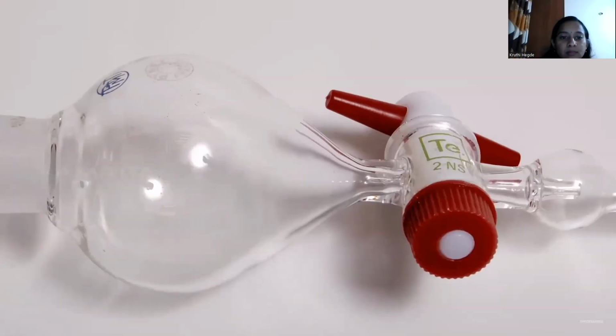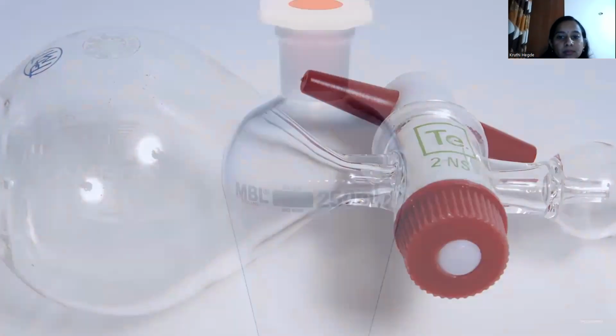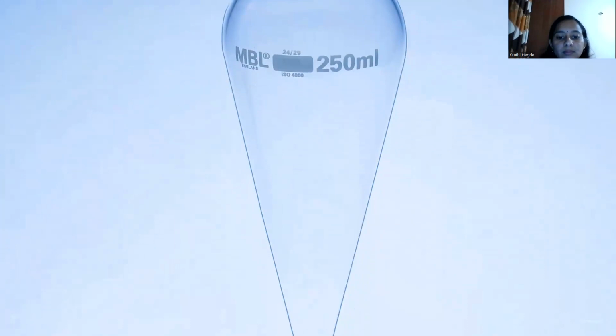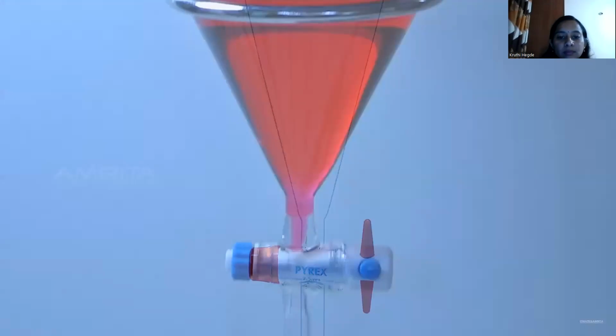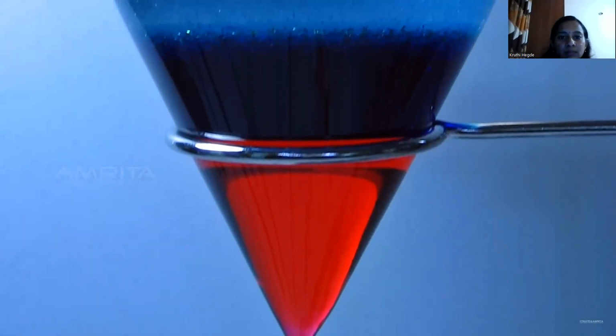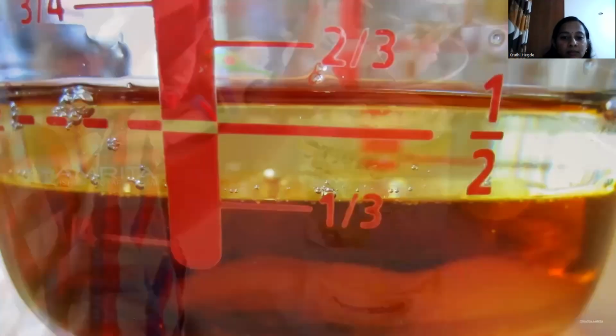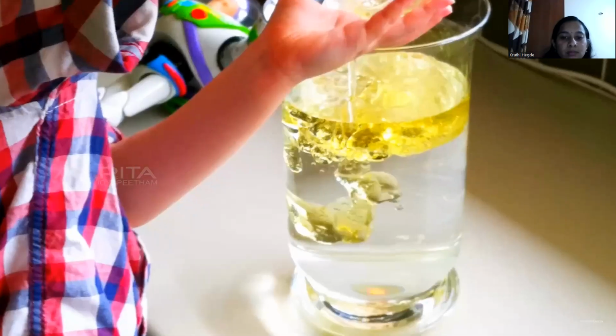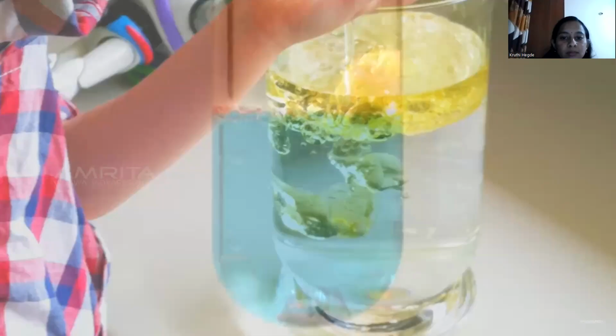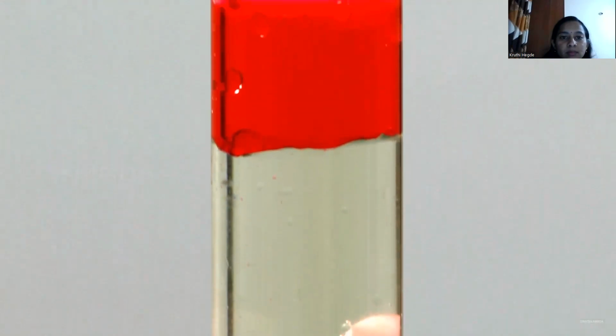Separating funnel is one of the techniques that is used for separating the components of a mixture between two immiscible liquid phases. One phase is the aqueous phase, and the other phase is an organic solvent. This separation is based on the difference in the densities of the liquids.